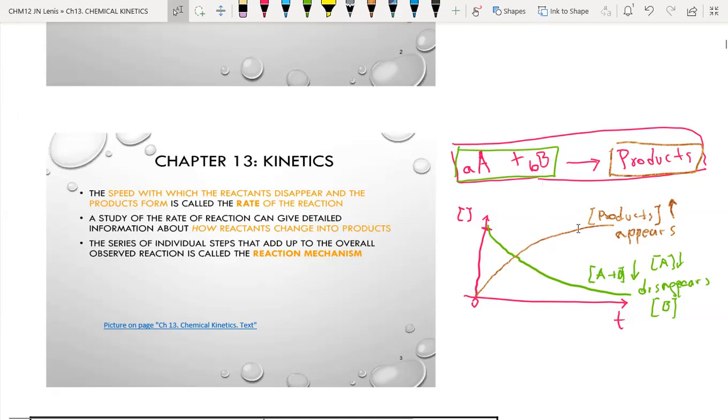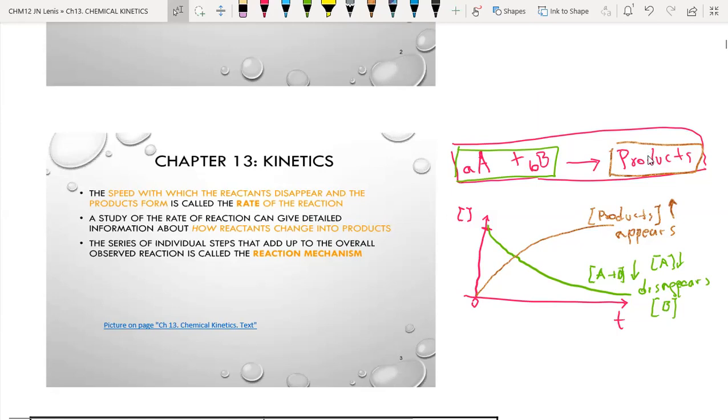Similarly, you can measure the speed of the reaction just measuring how fast product starts to show up, starts to appear. There are different ways to do that. Right, so we had two different ways to measure the speed of the reaction. In some reactions, it's a lot easier to measure concentration of products showing up.